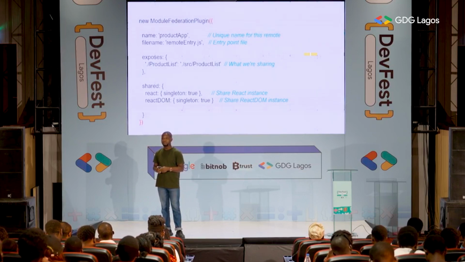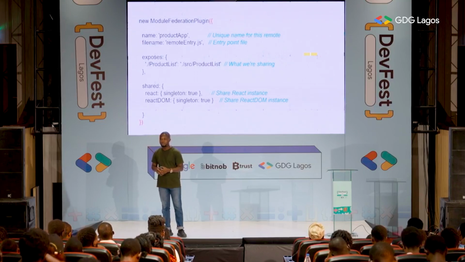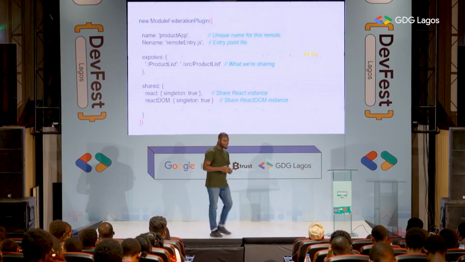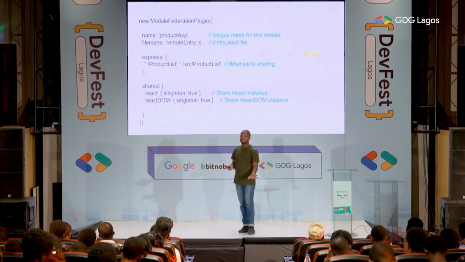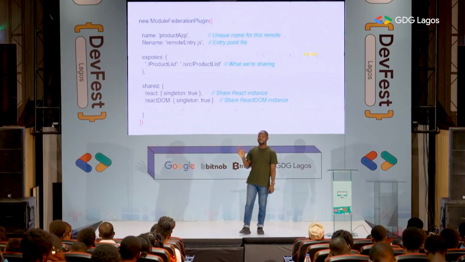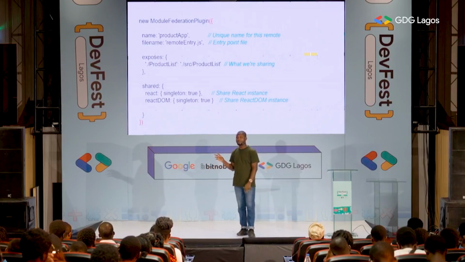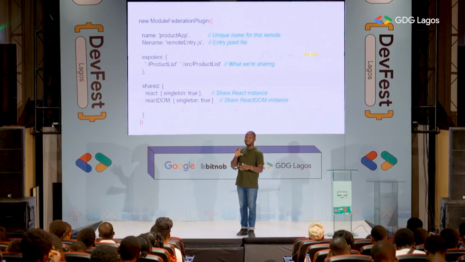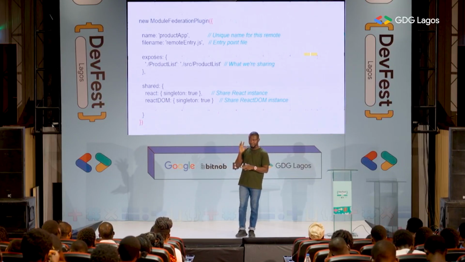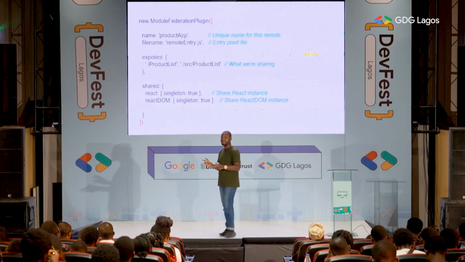Okay. So now, one more question. We have the host now, and then we have the remote. How then does everything tie in with our package.json file? All right, so each of your remotes is going to have their webpack file, webpack.js. That's a particular feature in Micro Frontend.